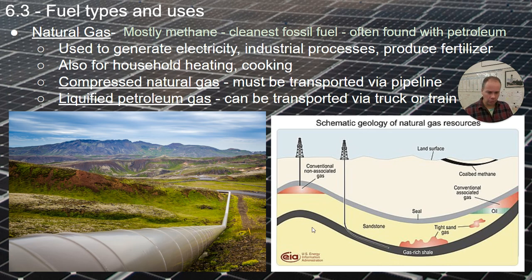Sometimes there's shale, which can hold natural gas in it, and through the process of hydrofracking, that can be extracted, as we see here. And also, we see that oftentimes natural gas sits on top of a deposit of petroleum, of oil. And so you could extract that at the same time that you extract the oil.